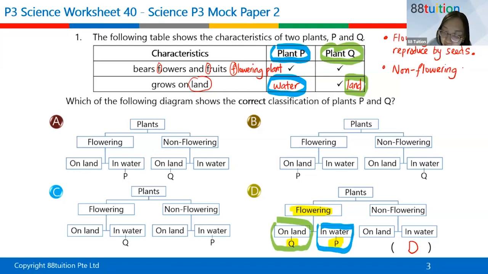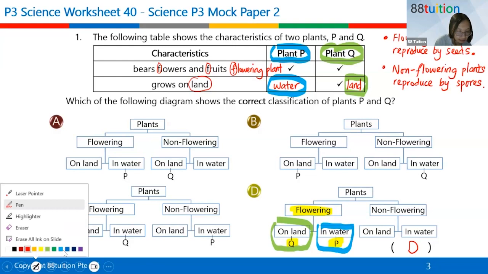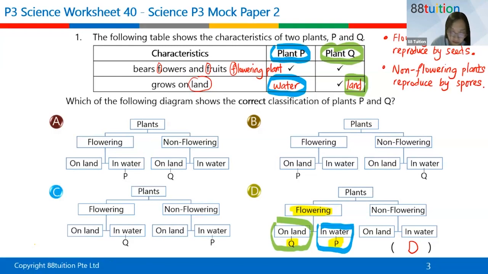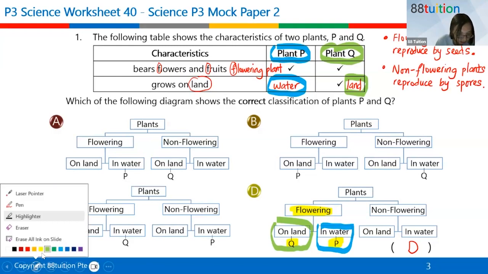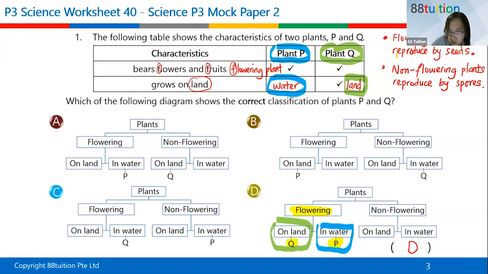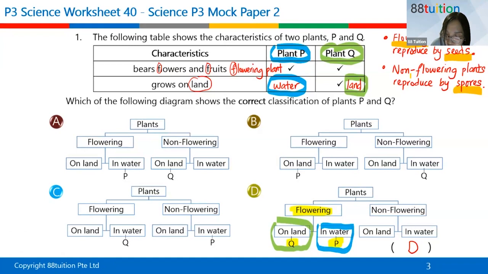This question is very simple, but in case your exam comes out with other questions, you need to know these. If it's non-flowering, they don't have flowers, then they reproduce by spores. Spores are even smaller than seeds. So seeds and spores: one is flowering, one is non-flowering. This part is important.